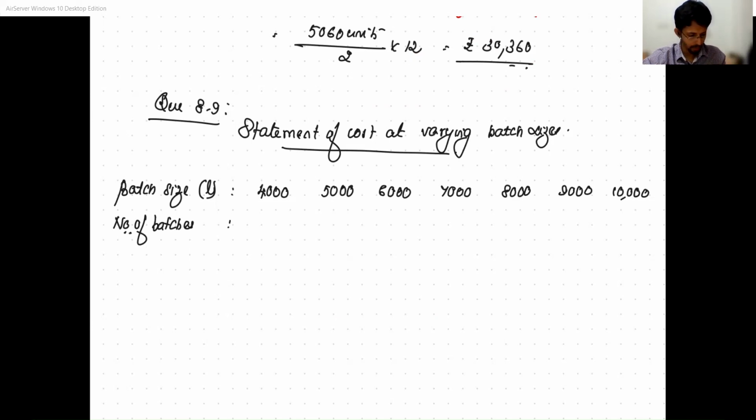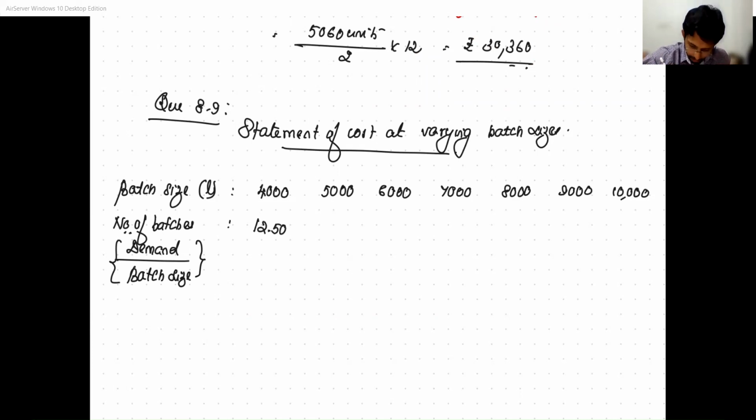In the first case, 50,000 is your demand, so demand divided by batch size, that is 50,000 divided by 4,000. So that will be 12.5.